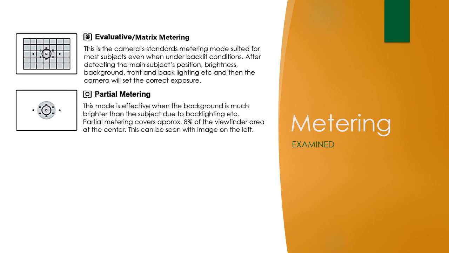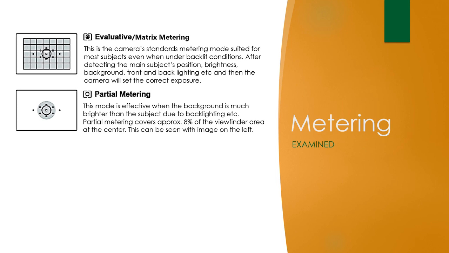Now, what happens is partial metering covers around 8% of the viewfinder area, but at the center. So your camera determines the exposure based on this 8% of the center of the viewfinder area.